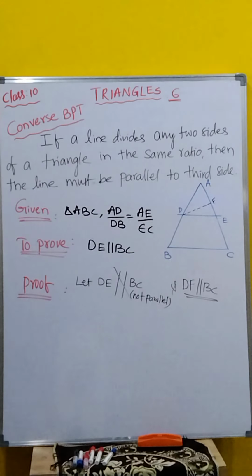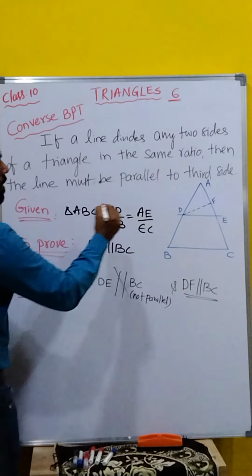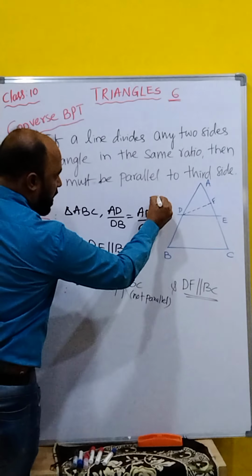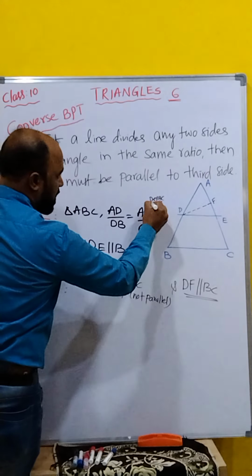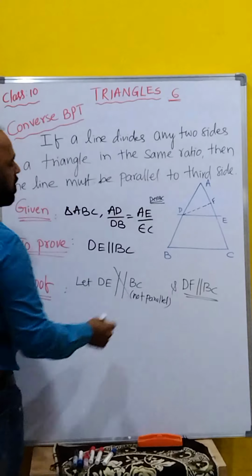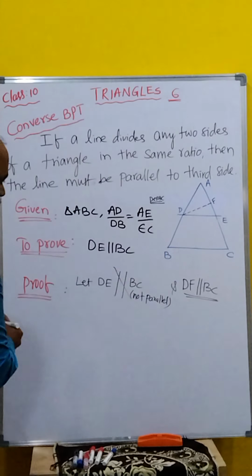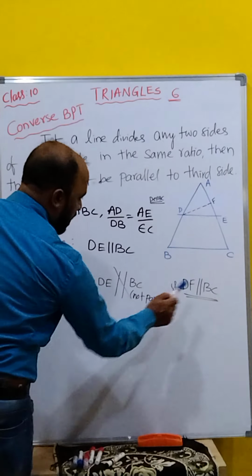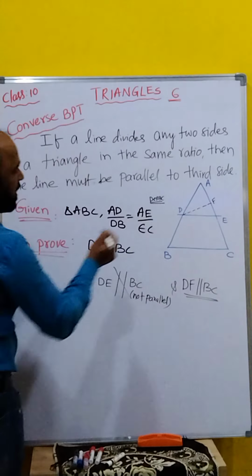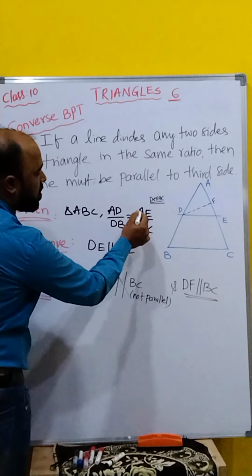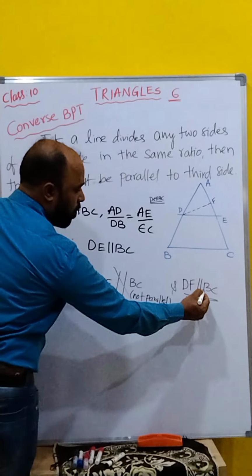Now, this is possible when DE is parallel to BC, then AD by DB is equal to AE by EC. According to this rule, DF is parallel to BC.